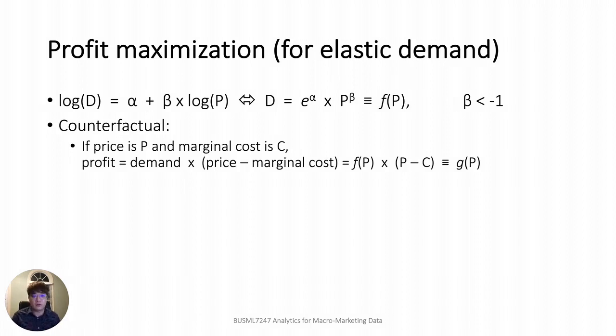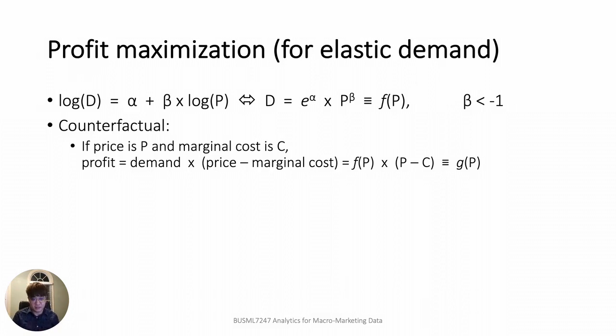Then we can do a counterfactual for profit conditional on price. If the price is P and the marginal cost is C, profit is given by demand times the price minus the marginal cost. Because demand is defined as function f of p, profit becomes f of p times p minus c.